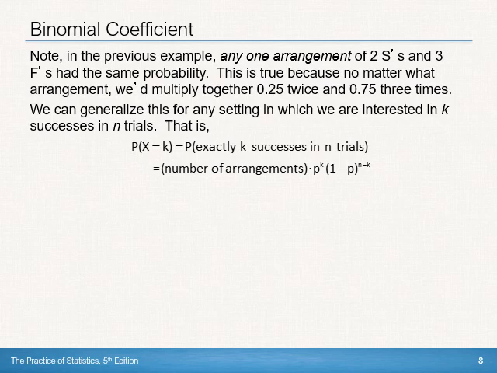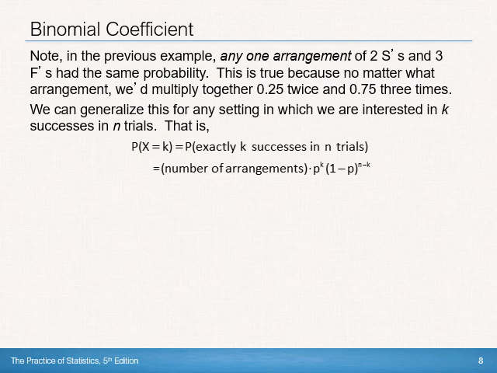Sometimes we'll use the letter K to represent the number of successes. So in that case, it's how many ways can we arrange K successes in N trials. We'll talk about how we can do that. We have a mathematical process to do that.